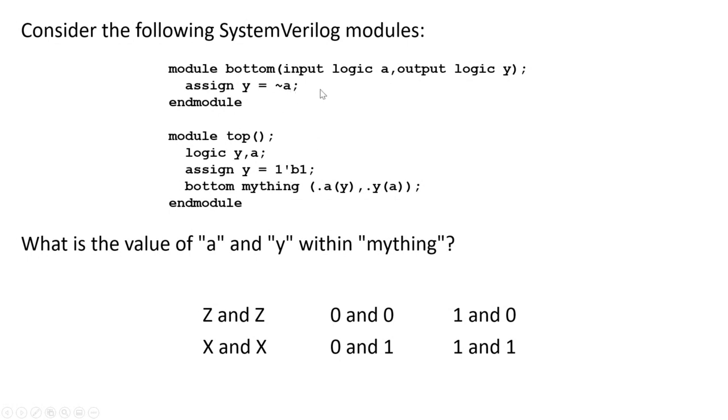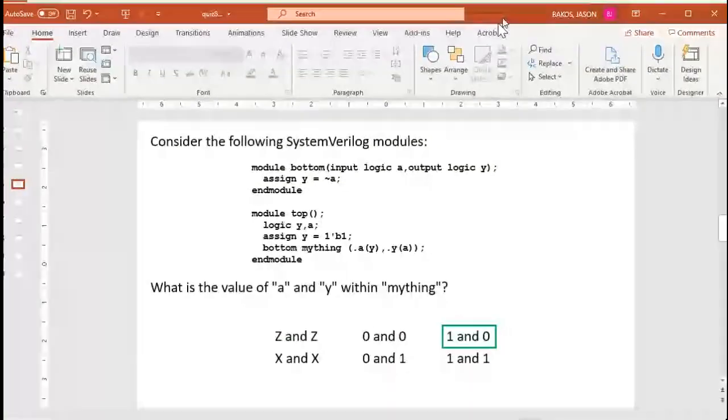So A is the input. A is going to be 1, and of course Y will be not 1, which is 0. So A is 1 and Y is 0. Yeah, 1 and 0 for A and Y respectively.